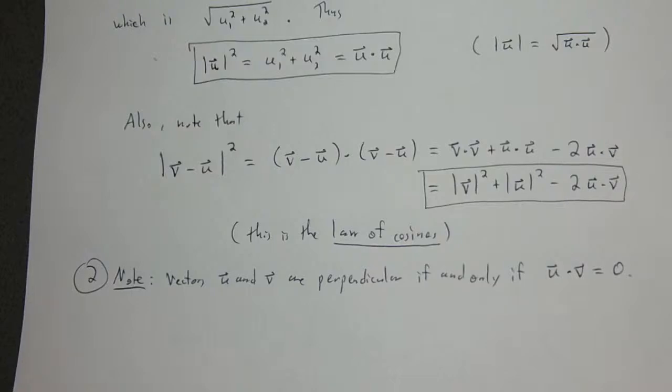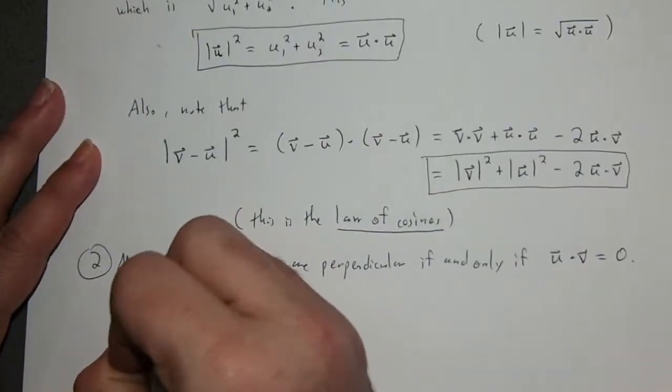When you've seen the dot product for the first time, this was the main motivating reason for defining the dot product, being able to tell when two vectors were perpendicular. So why is this the case? Quick proof.